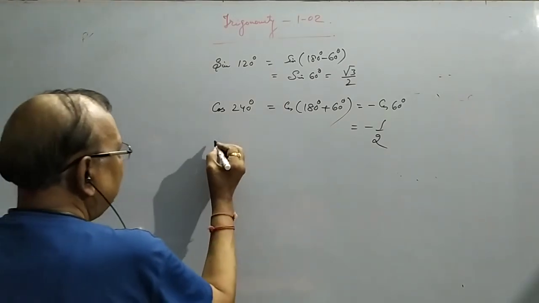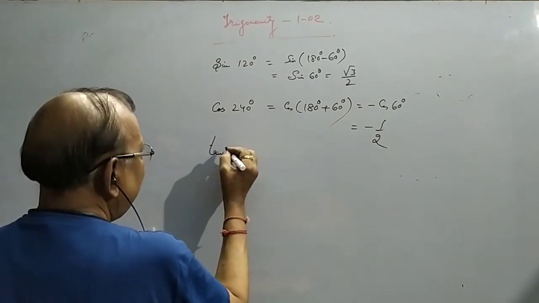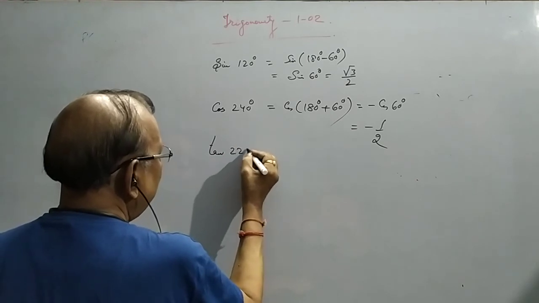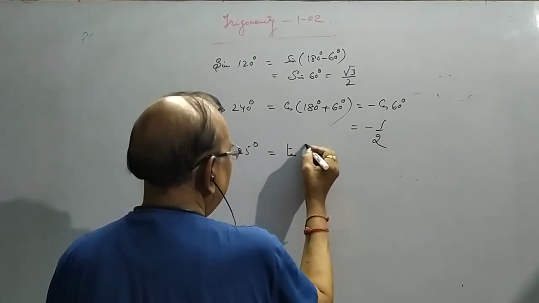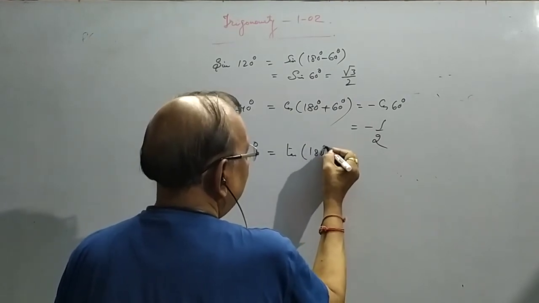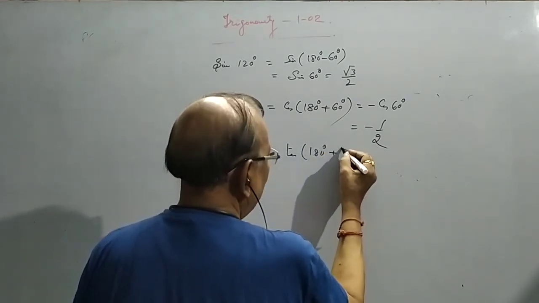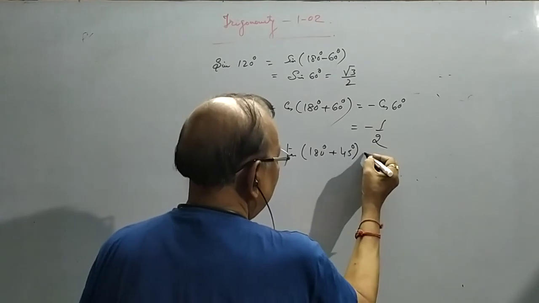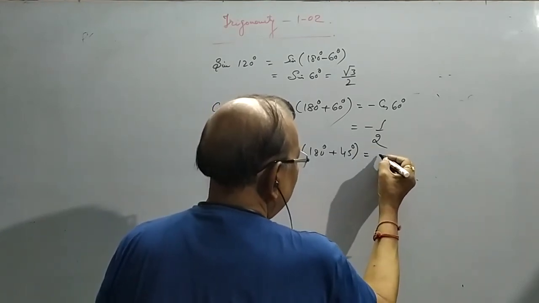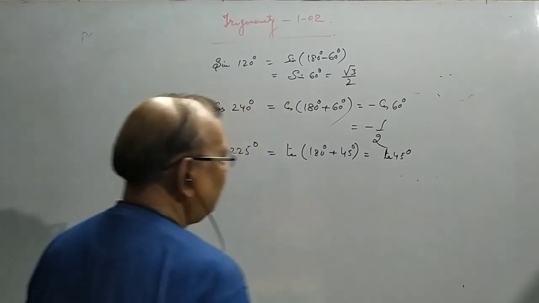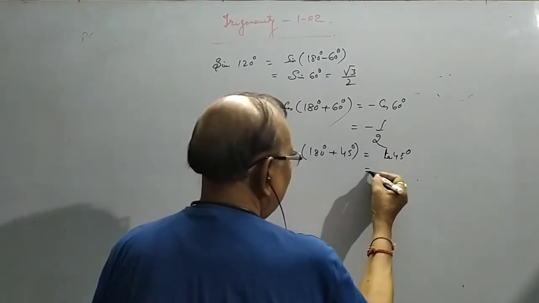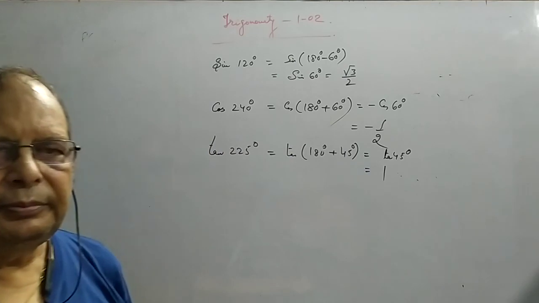Now I take another example, tan 225 degree, that is equal to tan 180 degree plus 45 degree, that will be tan 45 degree as it lies in third quadrant, that will be 1.